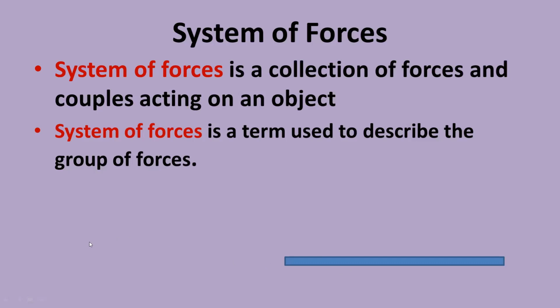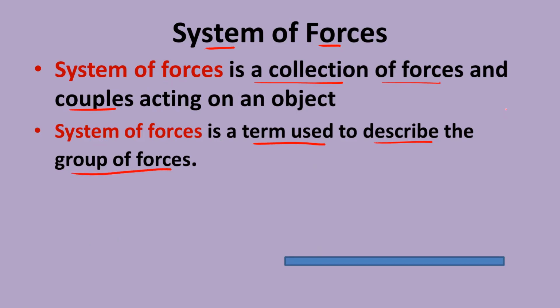So what is the meaning of system of forces? The system of forces is a collection of forces and couples acting on an object. In simple language, it is the term used to describe a group of forces.